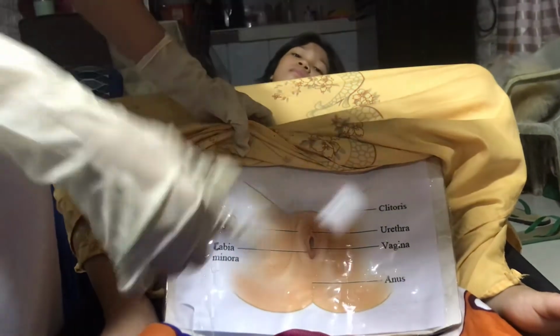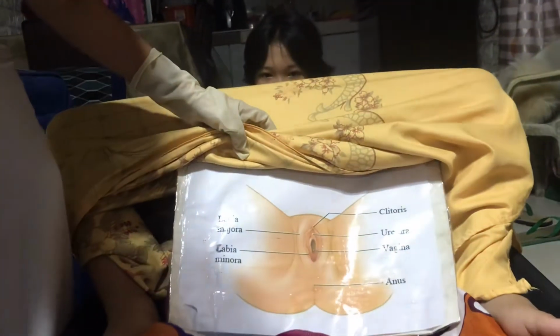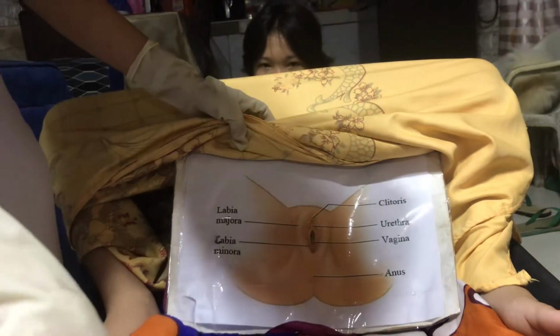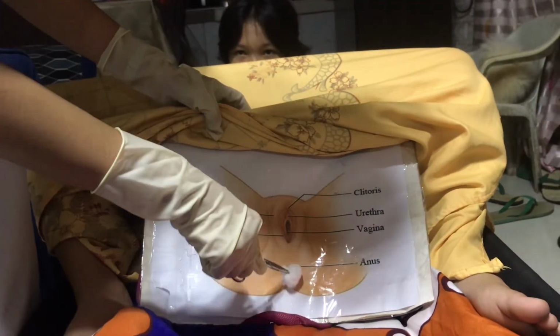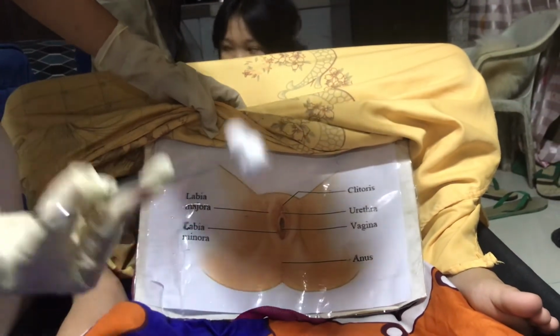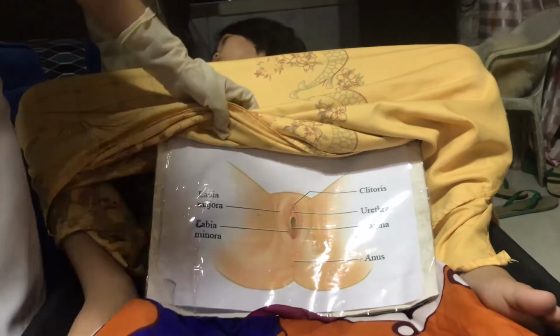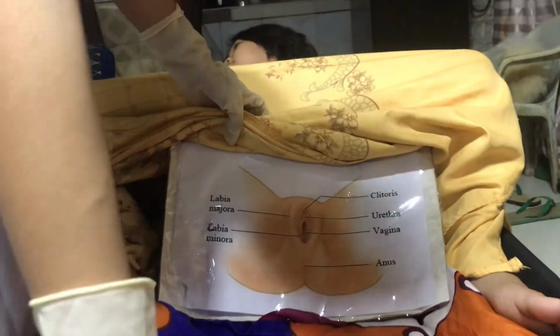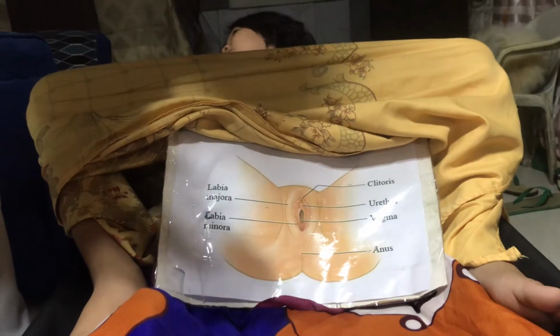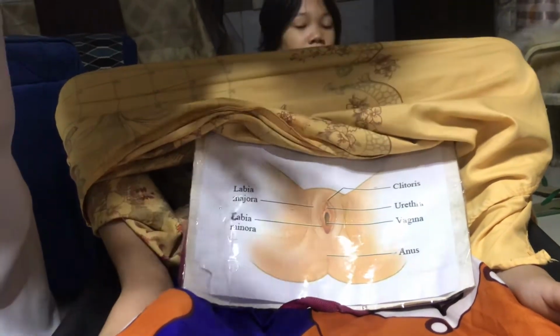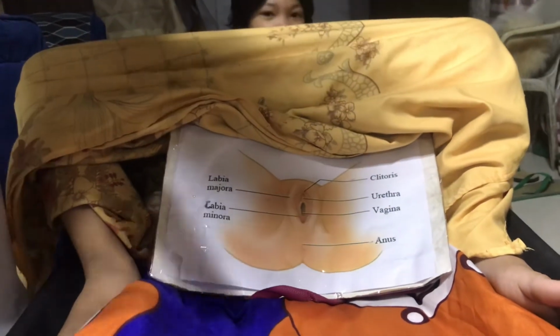Dry it, discard, then the other one, discard. The rationale for that is to provide comfort to the patient. Then turn the patient on her back and make her comfortable.